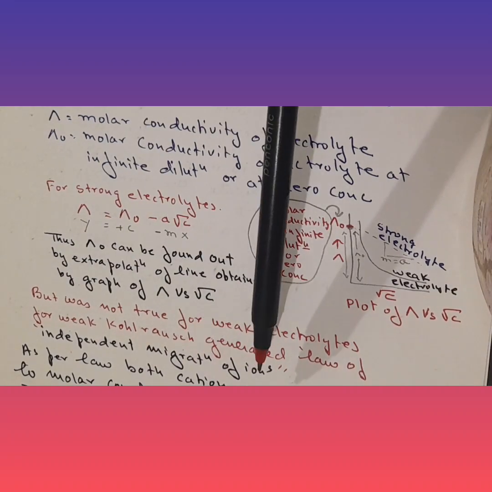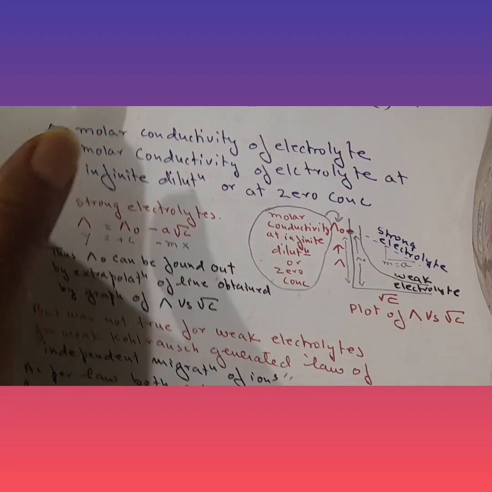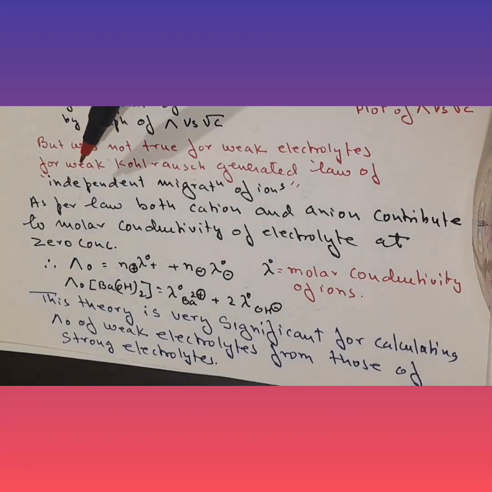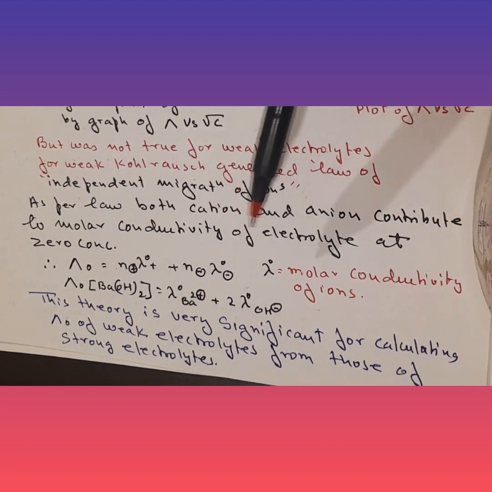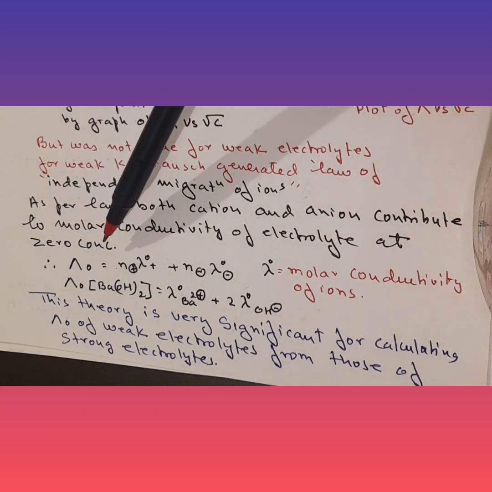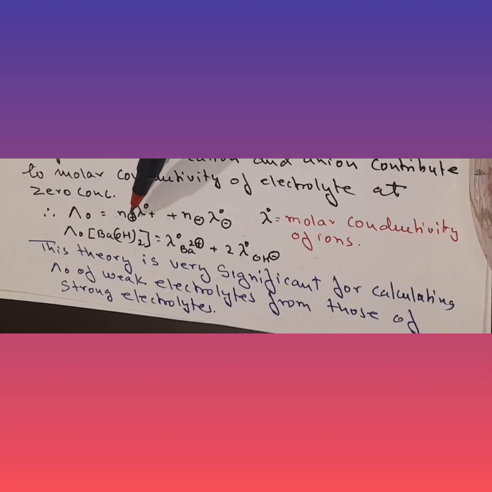For weak electrolytes, Kohlrausch generated the law of independent migration of ions. Now let's understand what it is. As per this law, both cations and anions contribute to the molar conductivity of electrolyte at zero concentration, that is, molar conductivity at infinite dilution. So that would be equal to the independent molar conductivities of cations and anions.